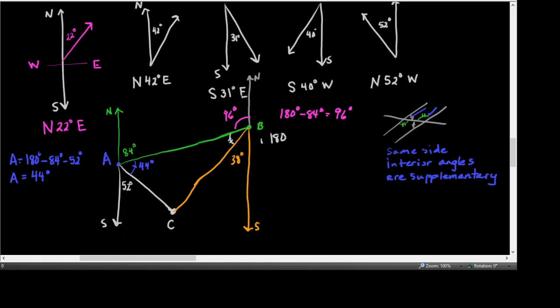Angle B will be 180, the total of the straight angle, minus the 96 that we now know, and minus the 38 that we figured earlier from our reading of the problem. And that means that B is 46 degrees. So this is 46 degrees.